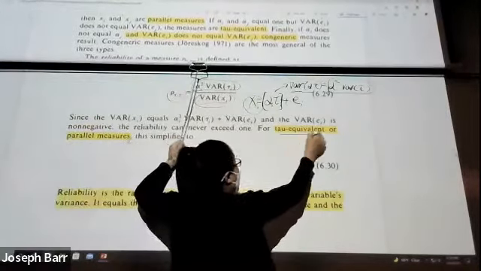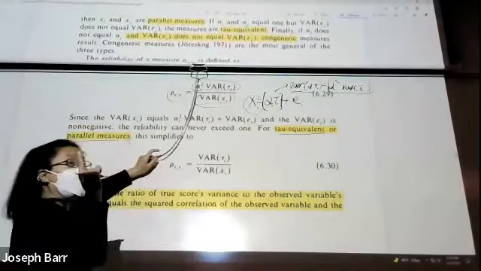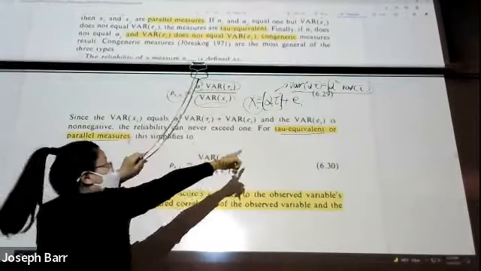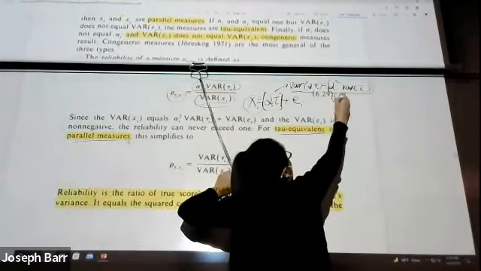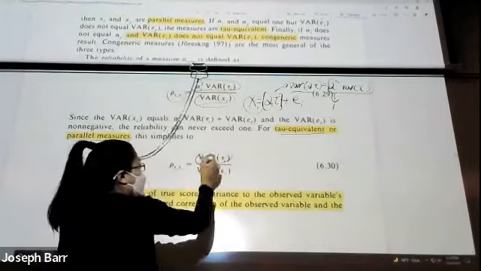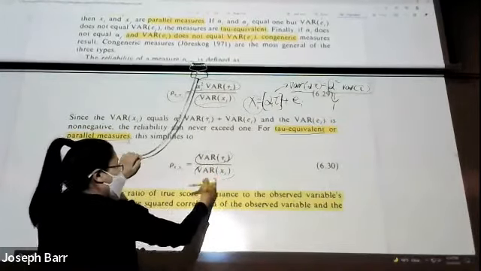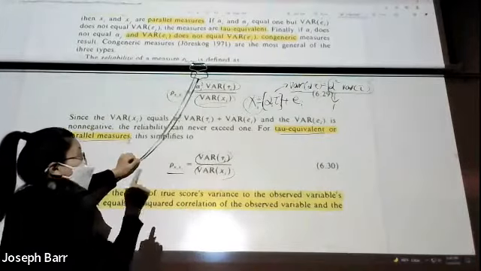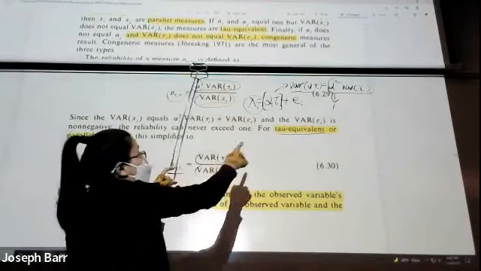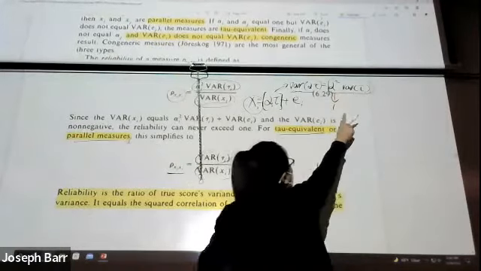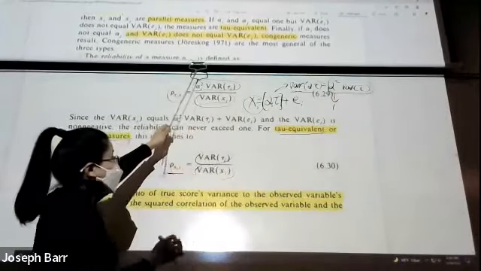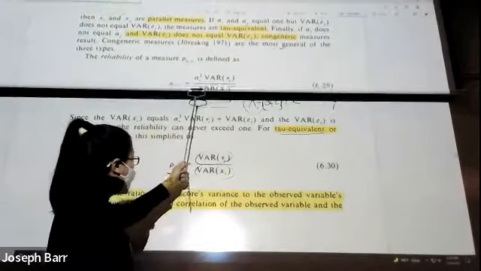When it's tau equivalent or parallel measures, the alpha is 1, so it becomes the variance of tau over the variance of X. But for the congeneric form, when alpha is not 1, we can just use the original alpha here. So it's very natural. Now we've got the form.